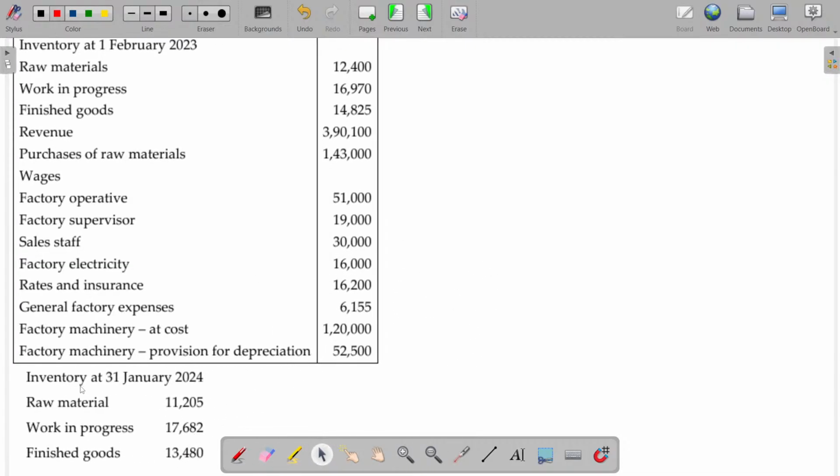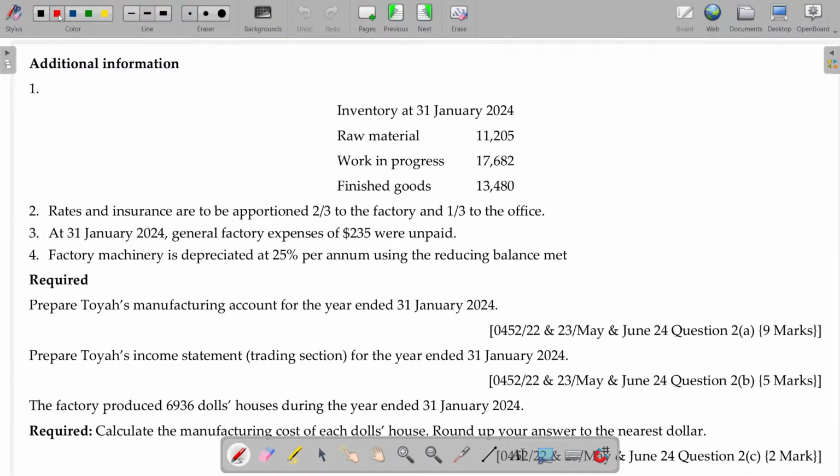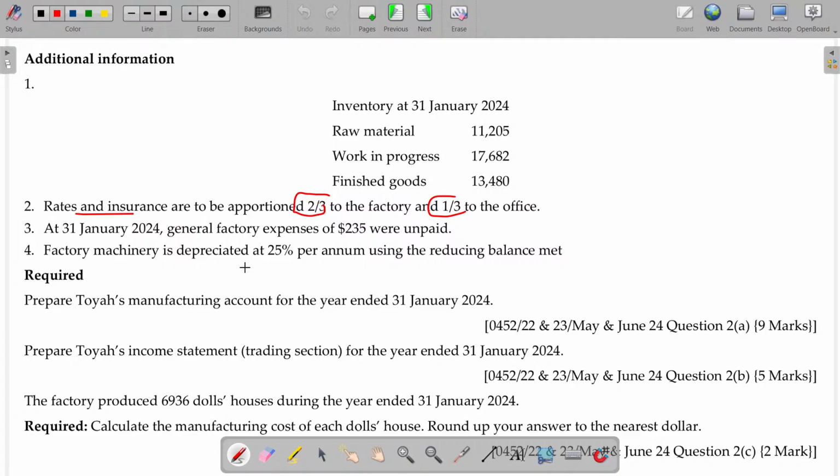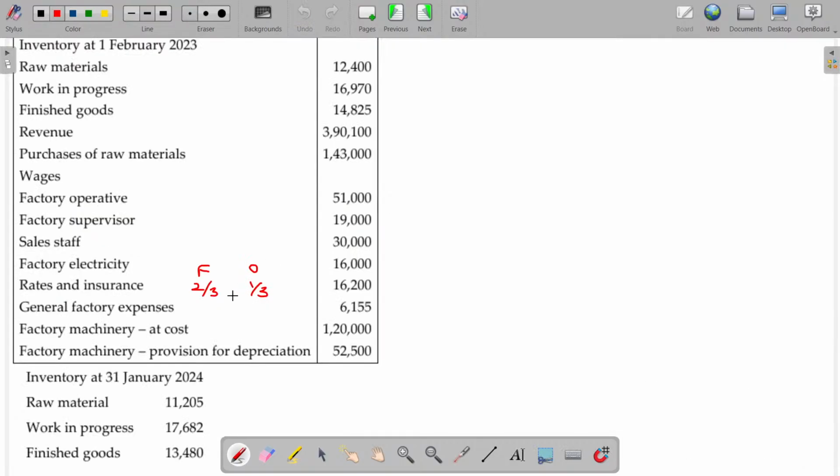What are the other adjustments? Rates and insurance are to be apportioned 2/3 to factory, 1/3 to office. At 31st January 24, general factory expenses $235 were unpaid. Unpaid should be added.